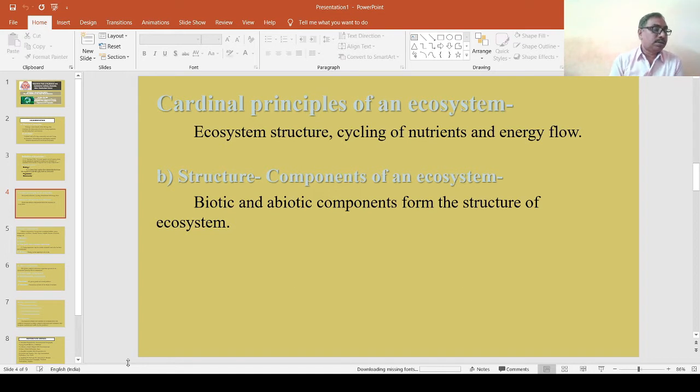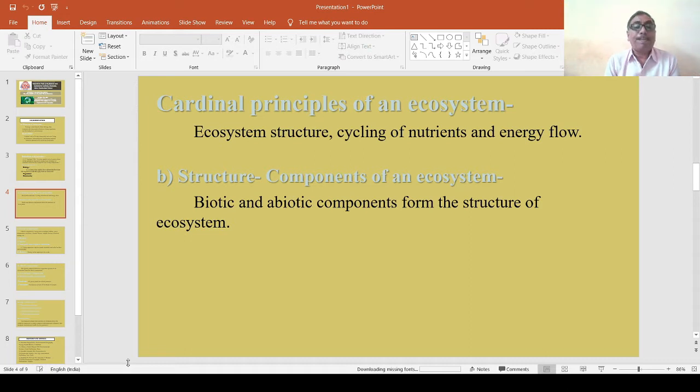Biotic components consist of living things and abiotic components consist of non-living things like habitat, gases, solar radiation, temperature, rainfall, organic and inorganic materials, etc. The living organisms are subdivided into producers, consumers, and decomposers.